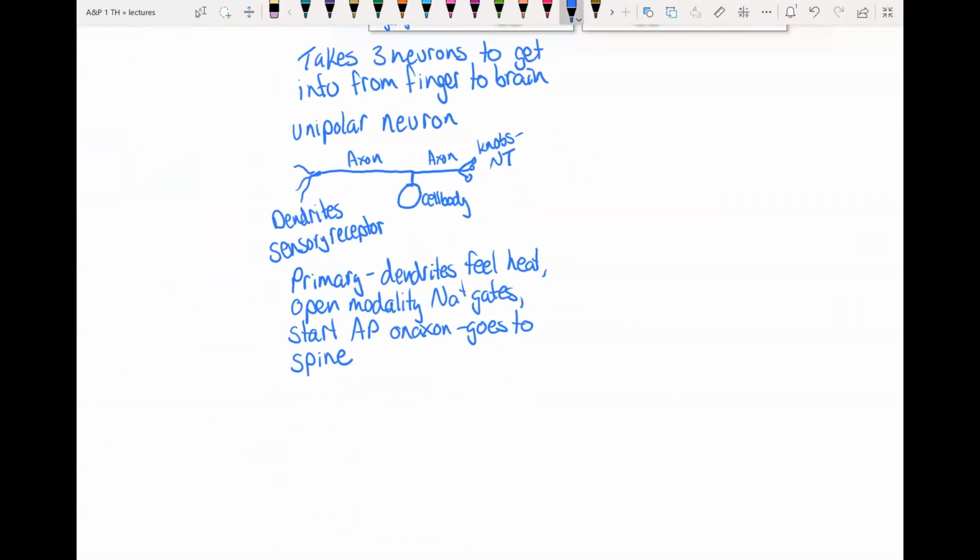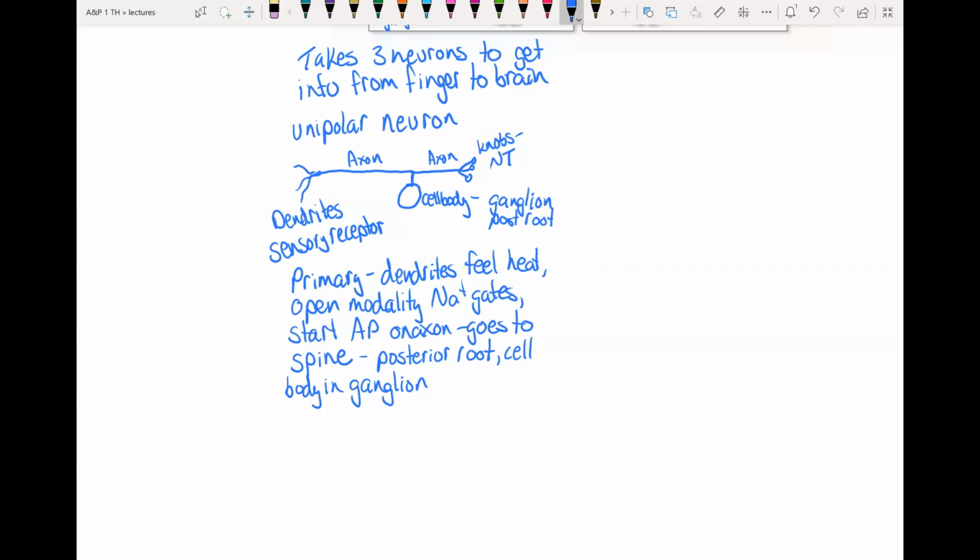So when it gets to the spine, it goes through the posterior root, with the cell body in the posterior root ganglion. So this right here, this cell body, is what would be in that ganglion of the posterior root.